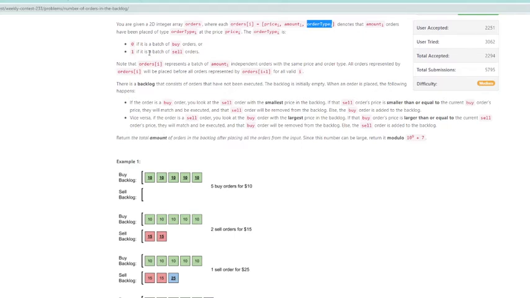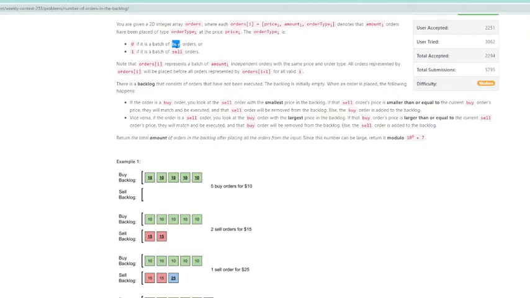So there are two types of order in the question: either it's a buy order or a sell order. If it's a buy order, you go and see all those orders which are selling, and you select the order with the minimum price, which is less than or equal to the price of that buy order, and you complete that transaction.